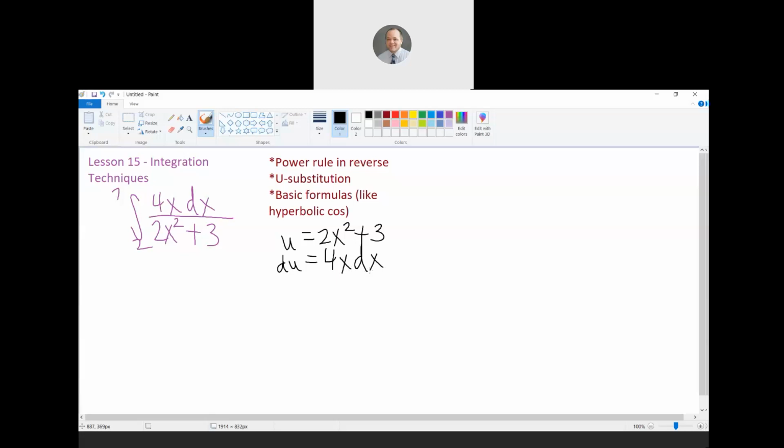Now the 4x dx is exactly what appears in our problem, so we don't need to divide to get any part of our derivative by itself. We can immediately plug in everything. The 4x dx is our du, and the denominator is our u.